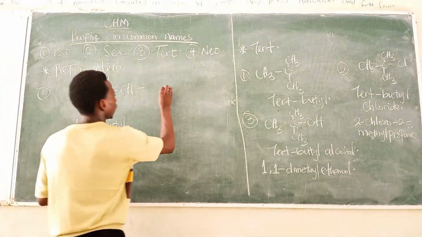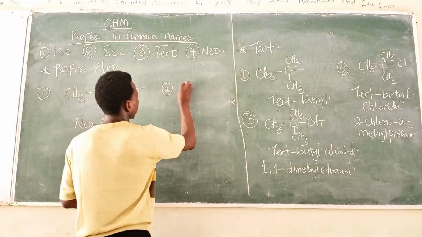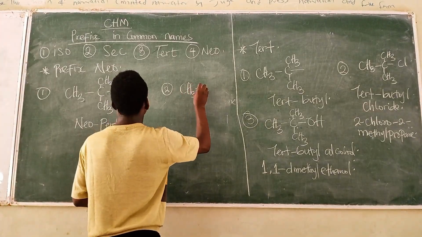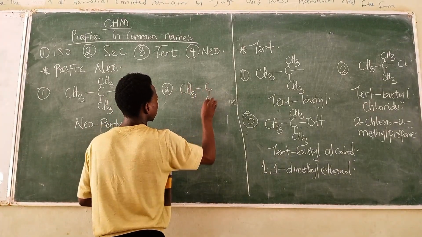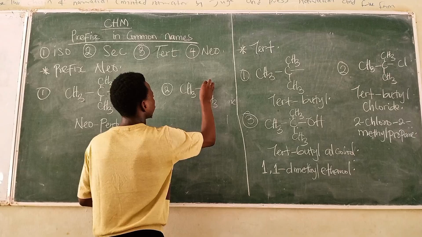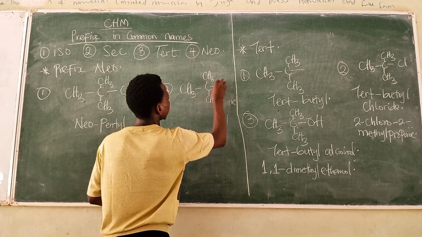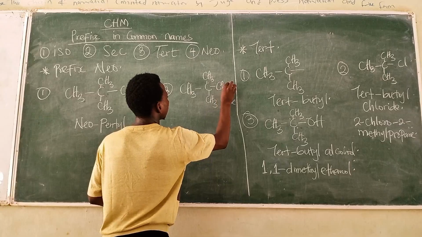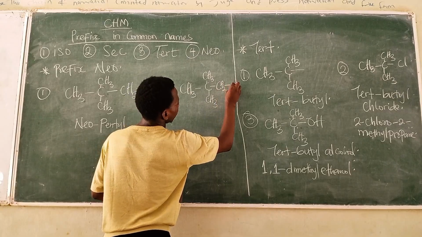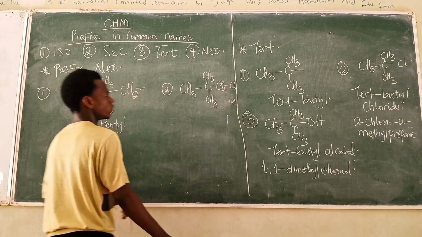So let's look at another example. Let's say we have CH3 bonding to a carbon connecting to CH3 that is connecting to this CH2, and then let's say we have a chlorine atom attached to it.